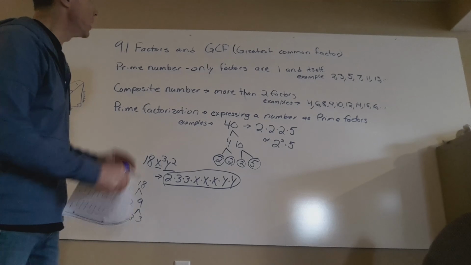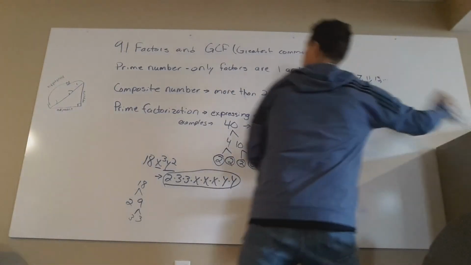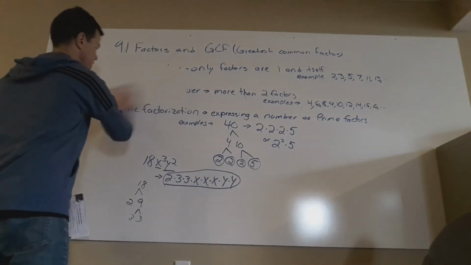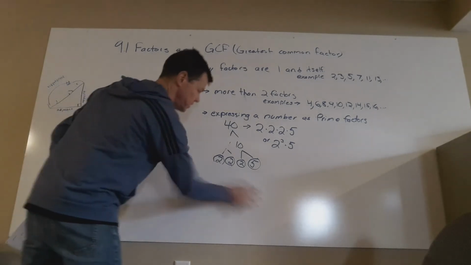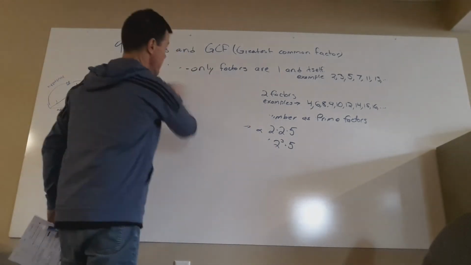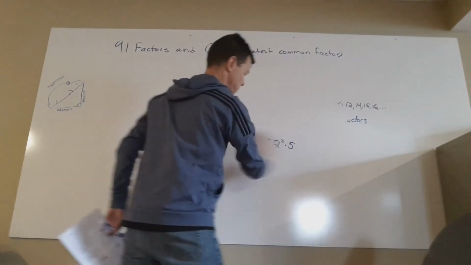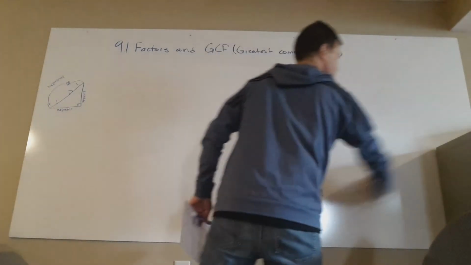Next, I want to talk about our greatest common factors. All right, greatest common factors, just as it says. You're looking at 2 numbers. You're going to write the factors down. And greatest common factors are what we are going to be looking for.